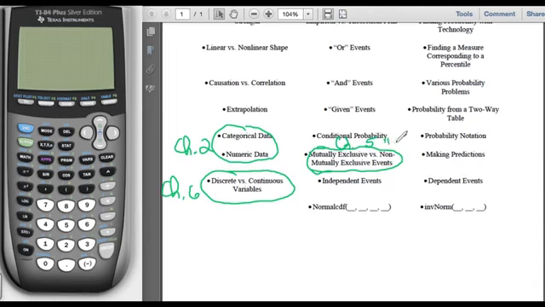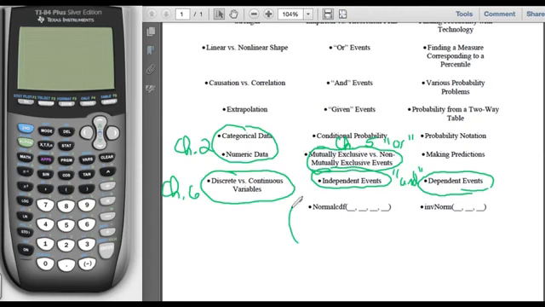Those come from chapter 5. And those apply specifically to OR probability problems. Independent events refer to AND probabilities, as do dependent events.